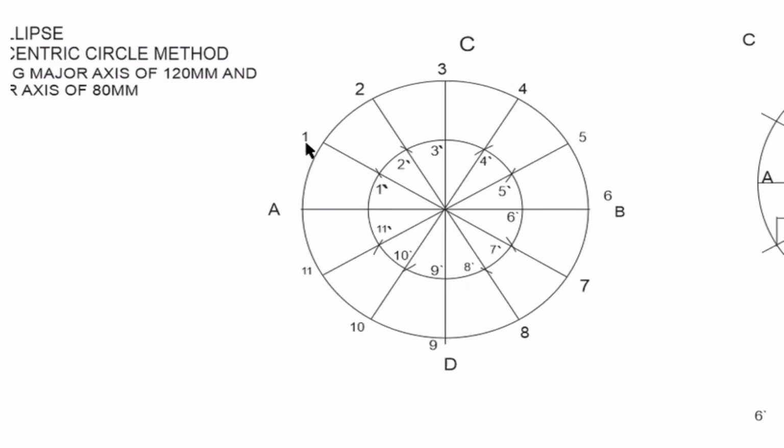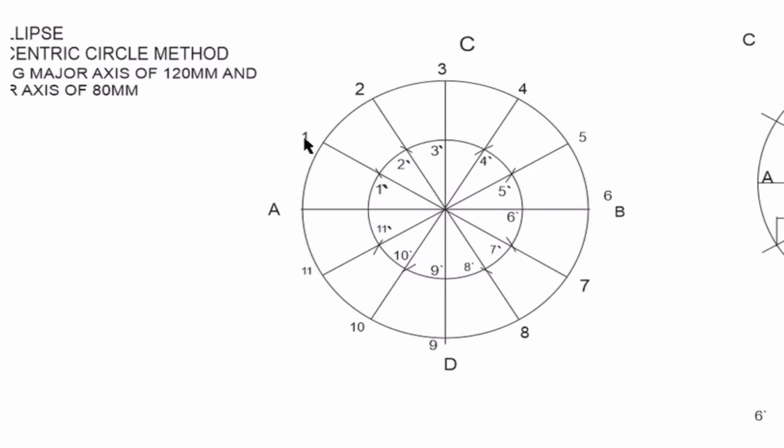So you can see we've named our points along the circumference of the circle that we bisected into 12 equal parts. I've named this 1, that's on the outer circle. I've named point 1 and 1 dash, where the arc we used intersected the inner circle.